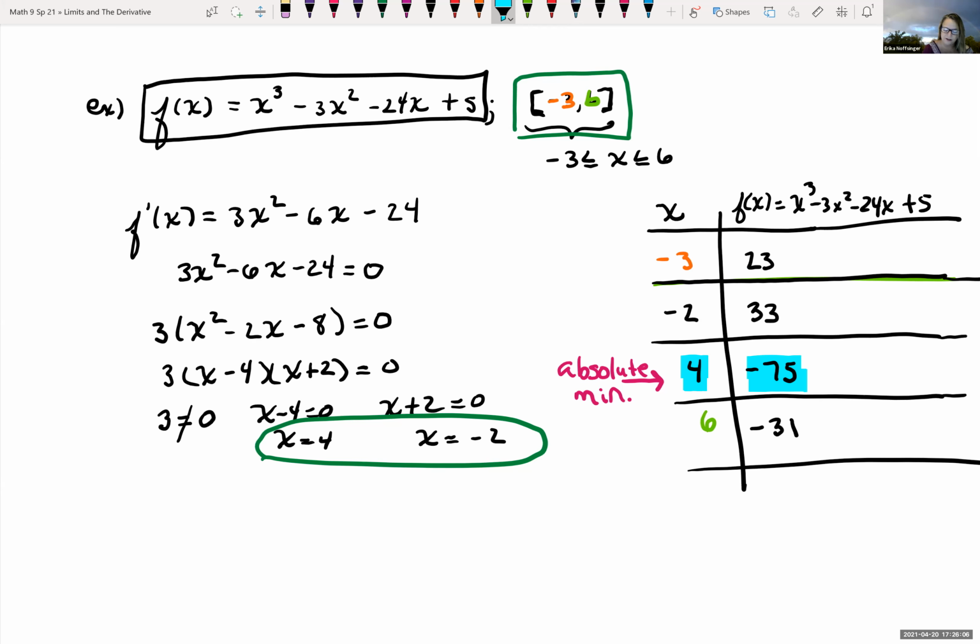The largest y value that we have is 33, and that occurs when x is -2. So absolute max is 33 at x equals -2, and the absolute min is -75 at x equals 4.